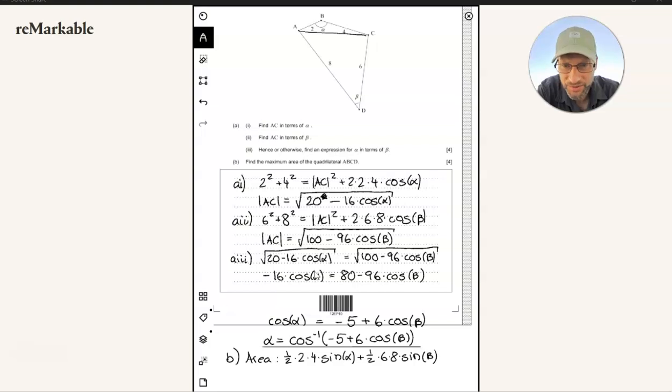But what we just did was finding an expression for alpha. So guess what? This horrible expression for alpha has to be substituted into this so that it becomes a function of beta.